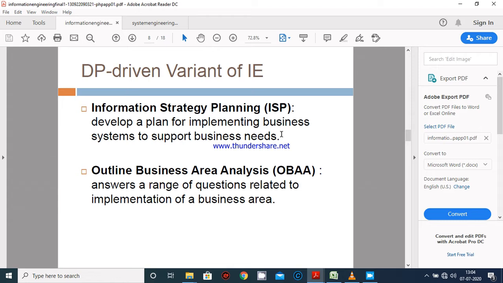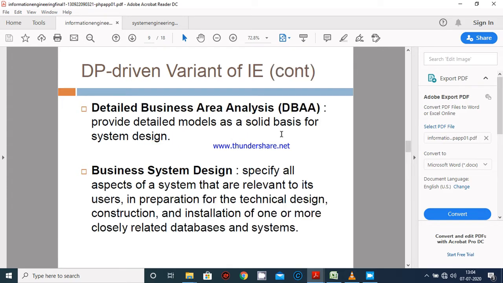If I explain information strategy planning, basically it develops a plan for implementing business systems to support business needs. Second, OBA, that is outline business area analysis, answers a range of questions related to implementation of a business area.